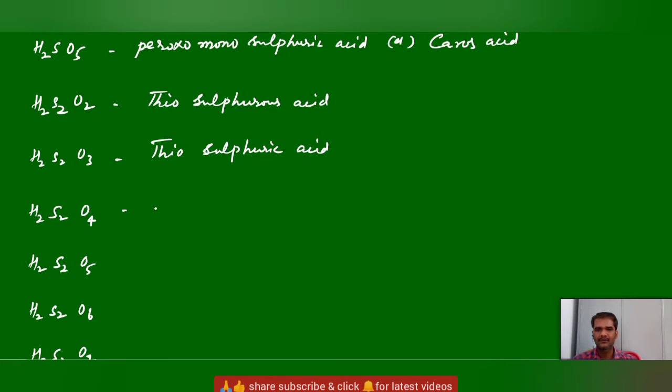H2S2O4, this is dithionous acid. H2S2O5, this is disulfurous acid, also called pyrosulfurous acid.